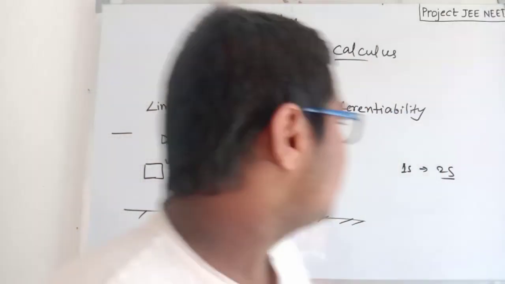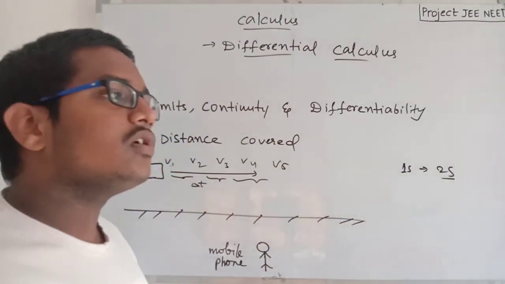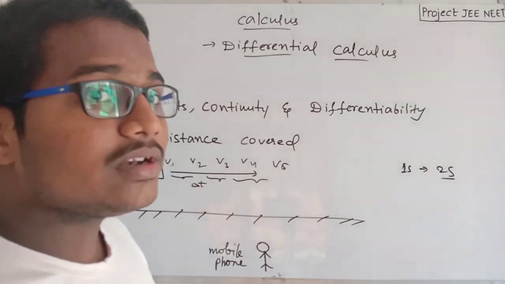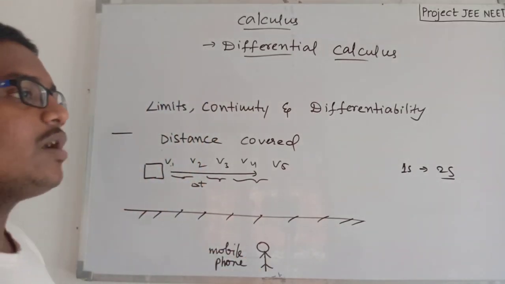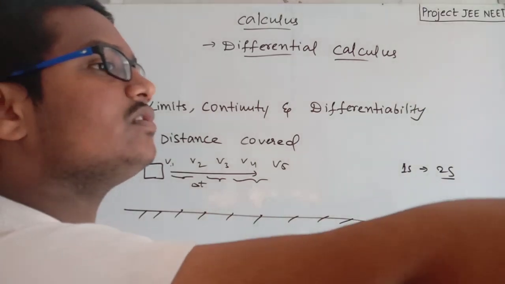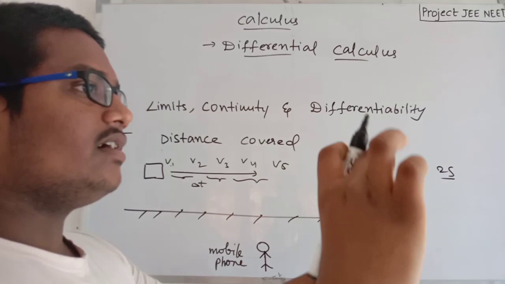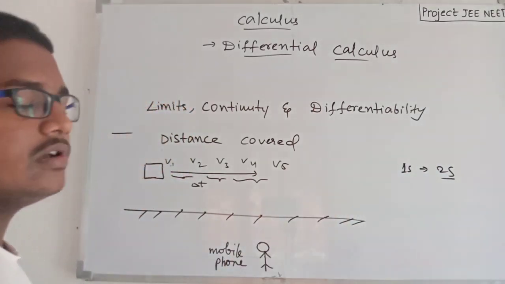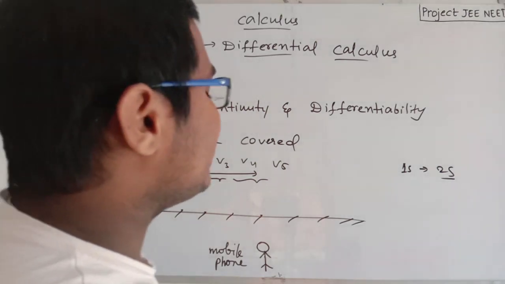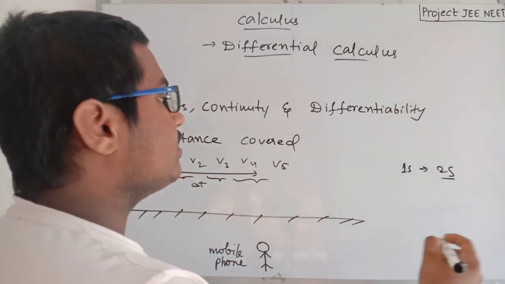You are asked to calculate the total distance covered without moving, which means you have to stand here and in front of you the object is moving. So you have to estimate by keeping the camera in your hand. How is it possible? It is possible by taking lots of shots.